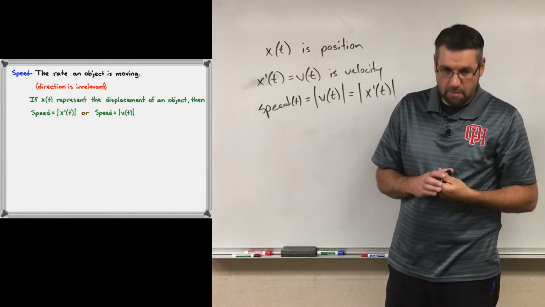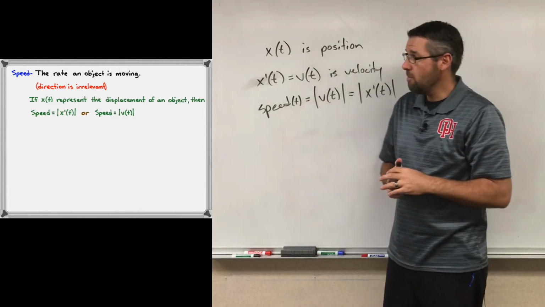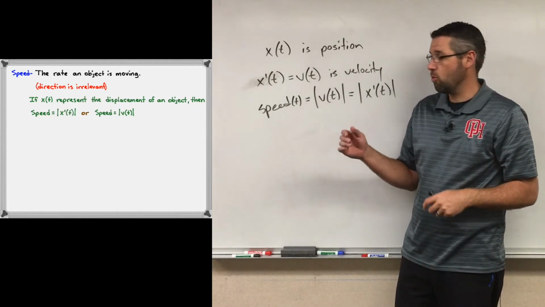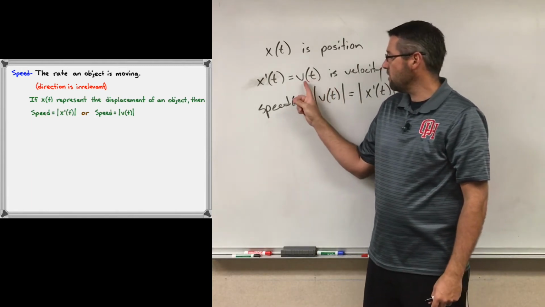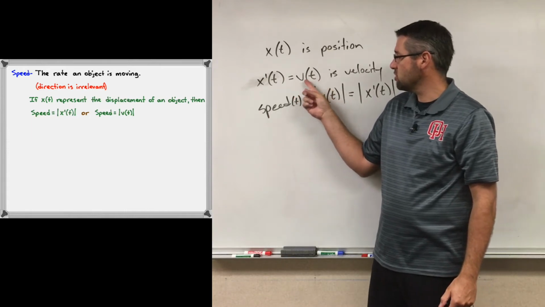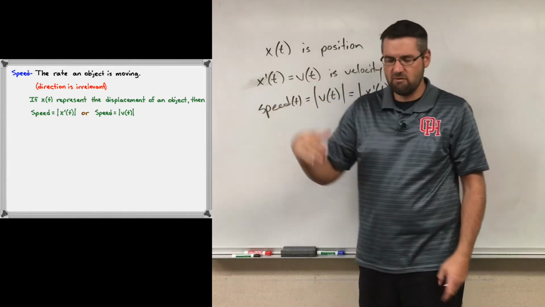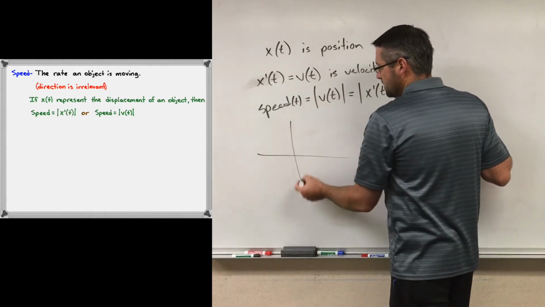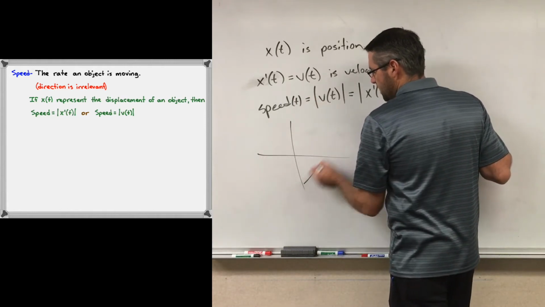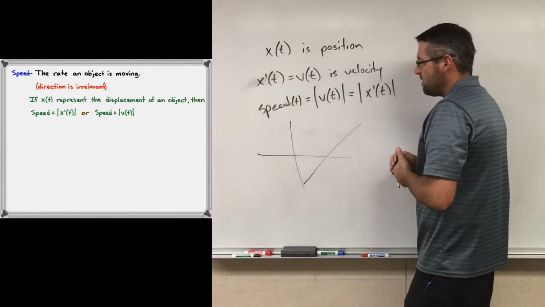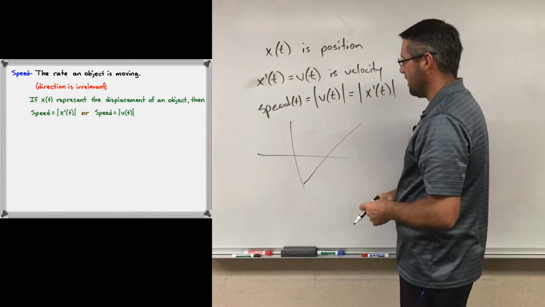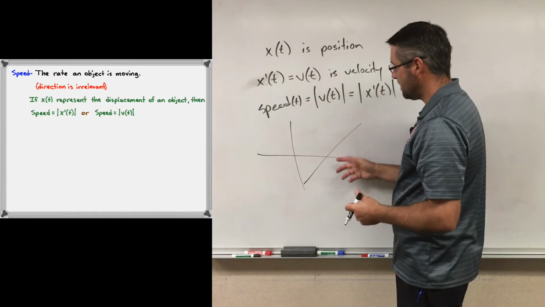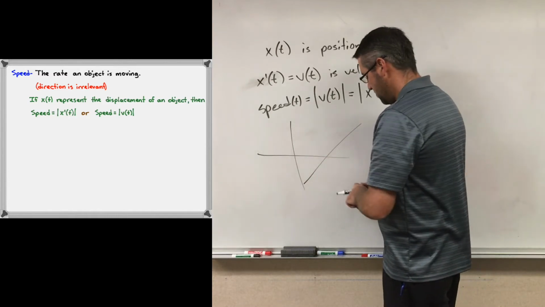Okay, so think about that for a second. Back in Math 1, Algebra 1 ideas, we really focused on the idea of a function, and whether it's above or below, really we focused on a linear function. So if I had a velocity that looked something like this, then what does the speed graph look like? The speed graph is going to be the reflection of the velocity graph.